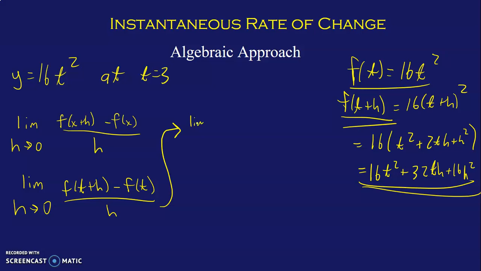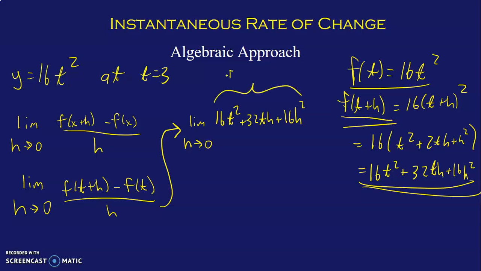So let's plug in my f of t and my f of t plus h into this formula. So we've got the limit as h approaches 0 of 16t squared plus 32th plus 16h squared.